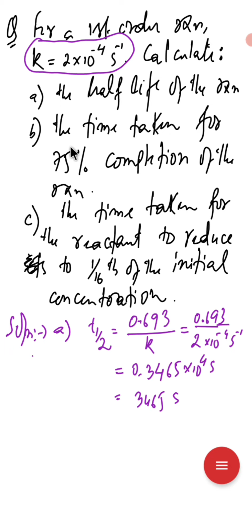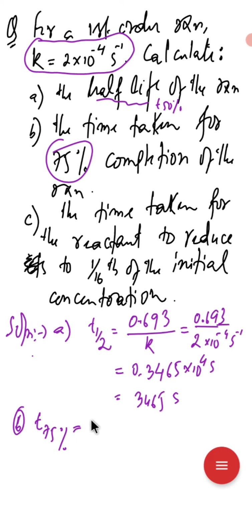So now I can calculate the time taken for 75% completion of the reaction. That has been proved already in this video, in the first question, that the 75% time is 2 times the 50%. Half-life is the 50%, right? This half-life is nothing but the 50%. So the 75% is equal to 2 times of the 50%.